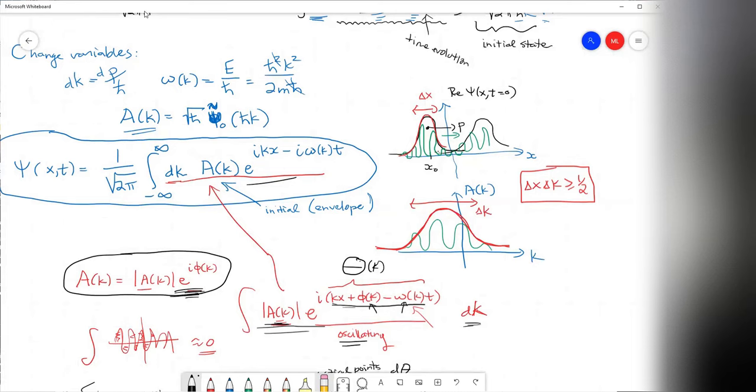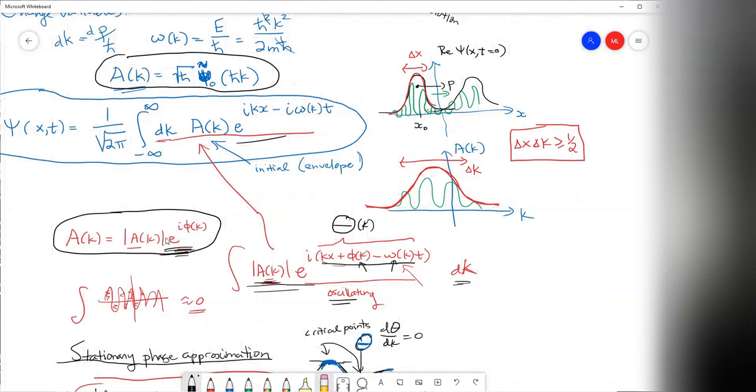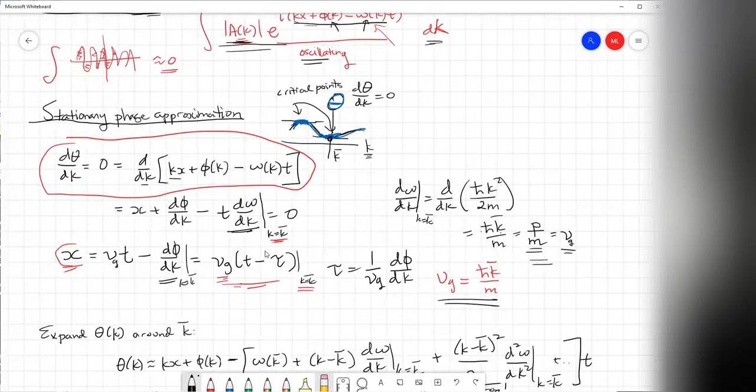And go all the way back to here. A of k is just this guy. It's the Fourier transform of the initial wave function. So this guy's okay. We can keep the a of k around, even with the phase. We know this. It's the initial condition. So let's keep that around.